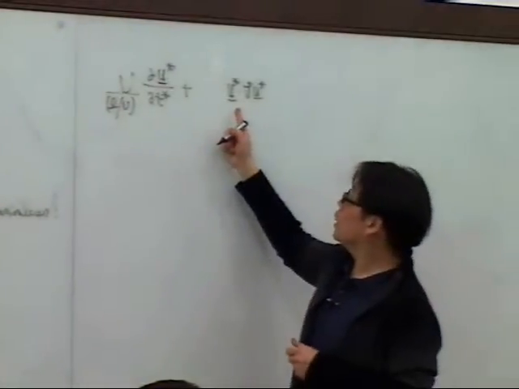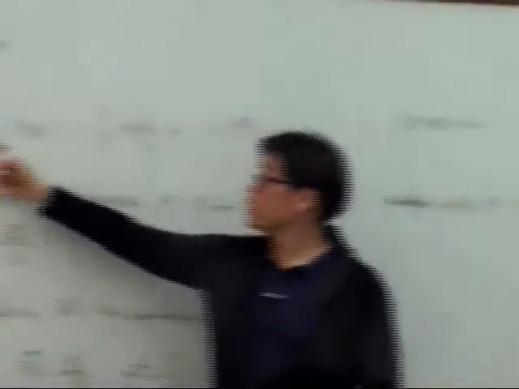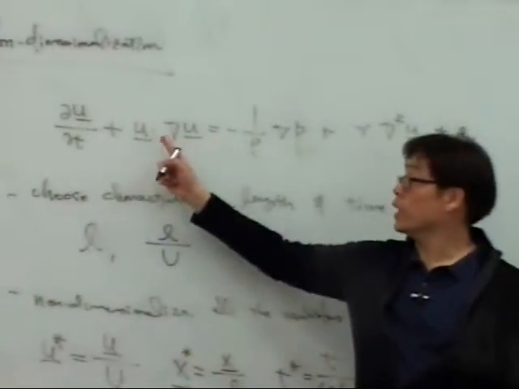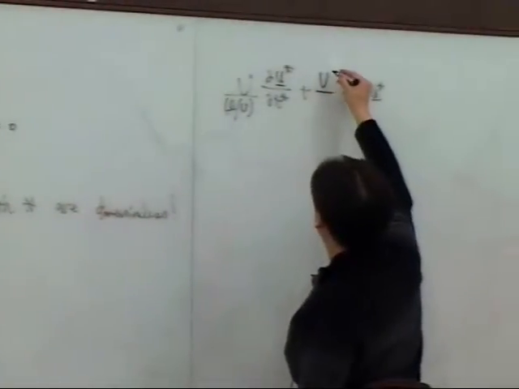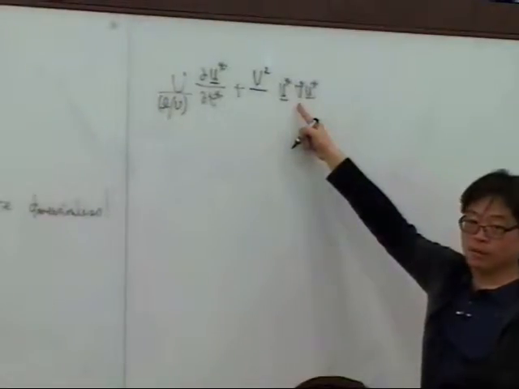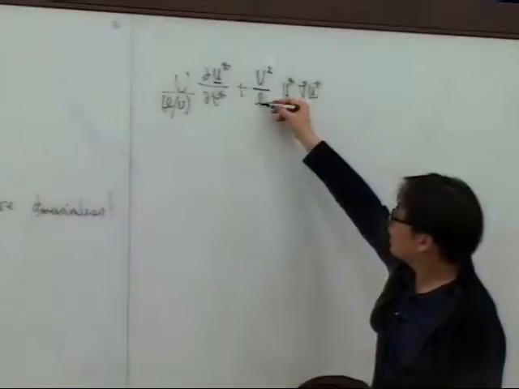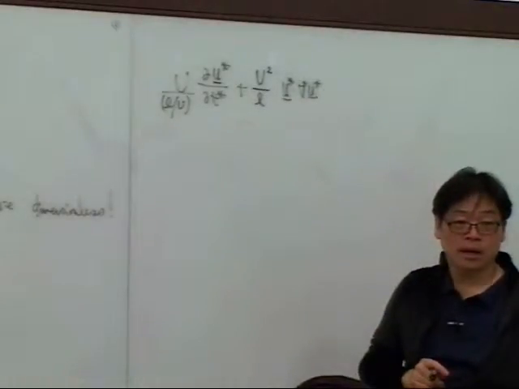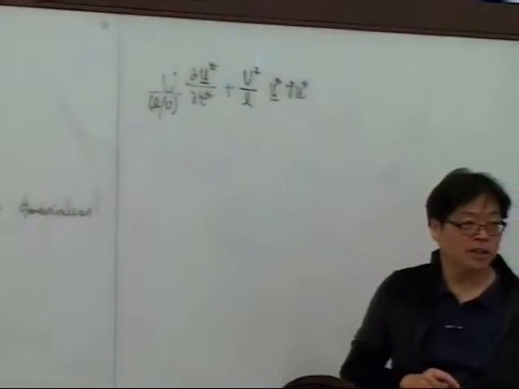And here, since I have a u here and u here, when I use u star, I need a capital U squared. And then I need a gradient. Gradient means I divide by length, so I need an L here. Do you know what I'm doing?